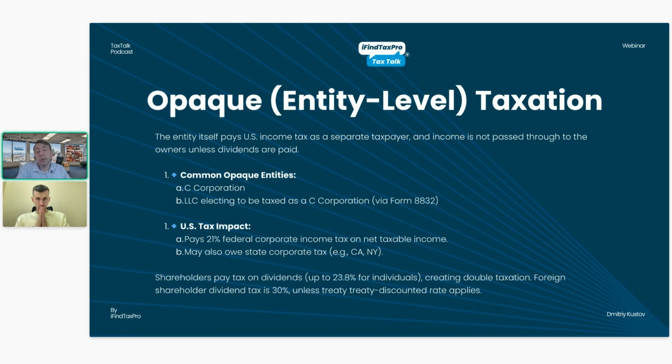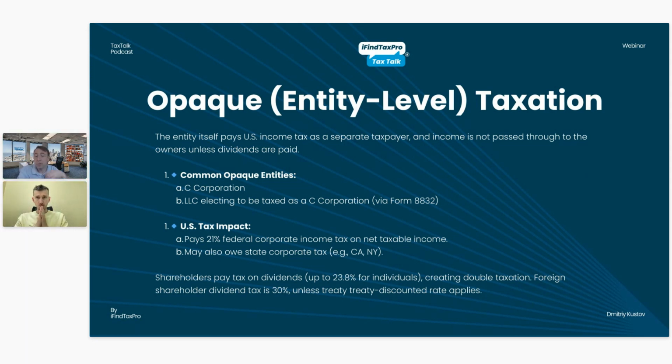So in other words, you pay 21%, that's 79% left. And then from that 79% that's left of your net profit, you have to pay another 23.8%. So that's about another one-fifth of that. So overall, you could see how it can be substantial.